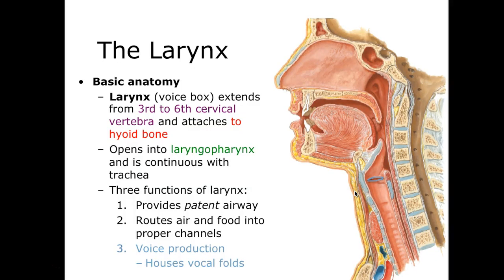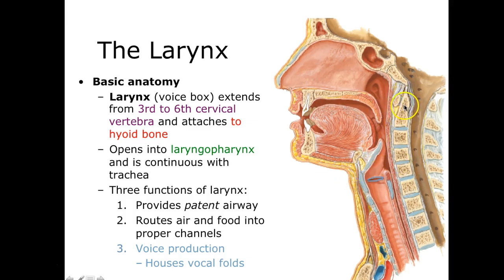A little bit more about our larynx. This is a sagittal cut through the head and neck, and this is our larynx in this region. The larynx is also known as the voice box, and it extends from our third cervical vertebra to our sixth cervical vertebra.